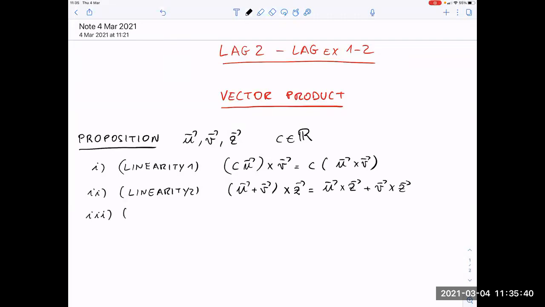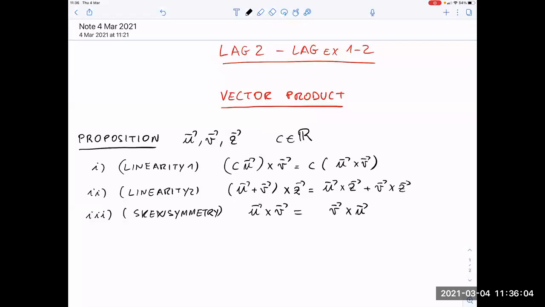And then we have the skew symmetry, which is telling me what happens if u cross v is compared with v cross u. And we saw that this has to do with change in orientation.